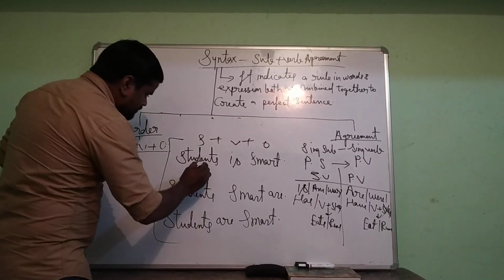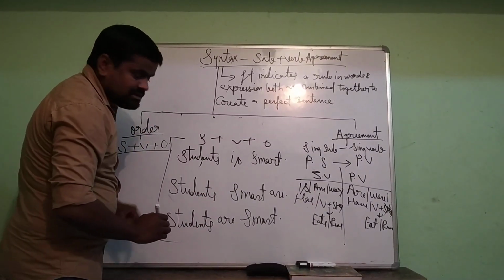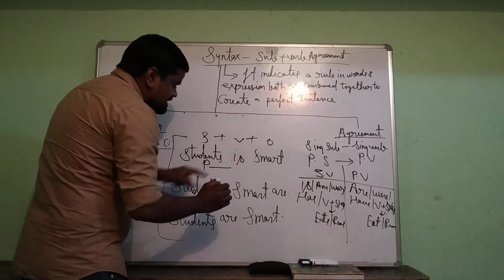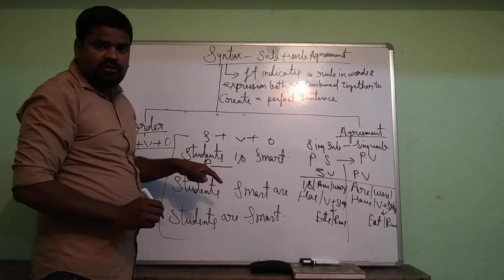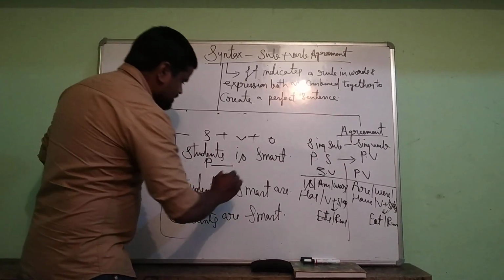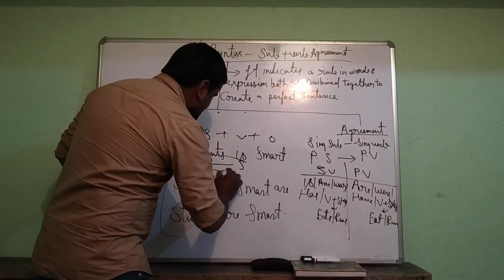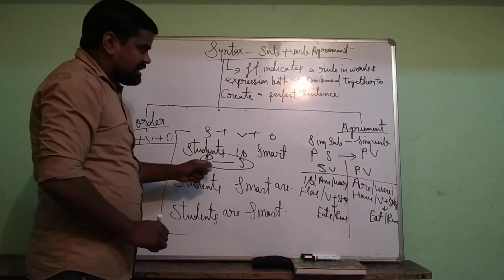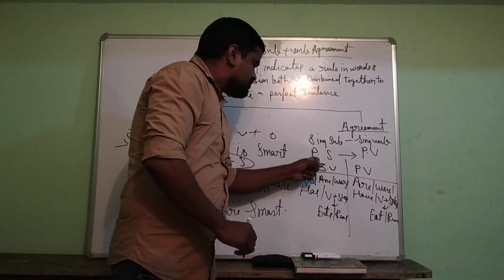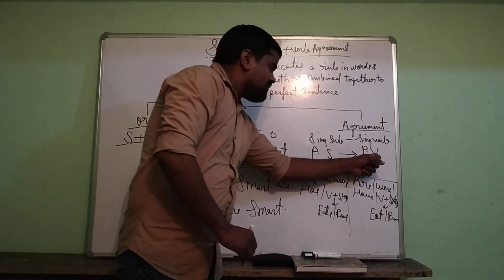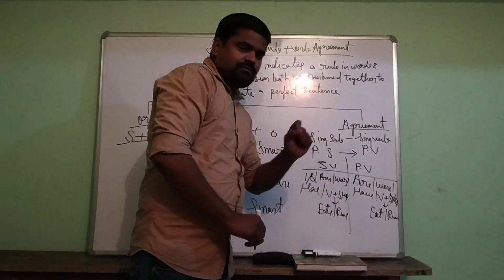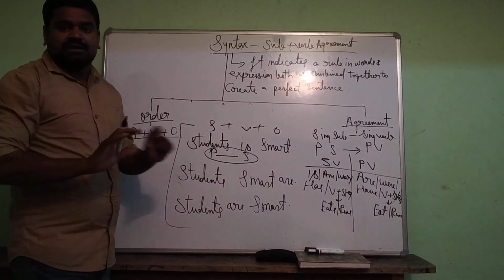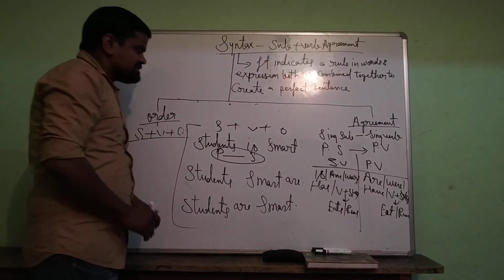Here, students is plural, while this verb is singular. So with a plural subject I have applied a singular verb. Order is correct, but agreement is completely wrong. That's why your sentence is wrong.